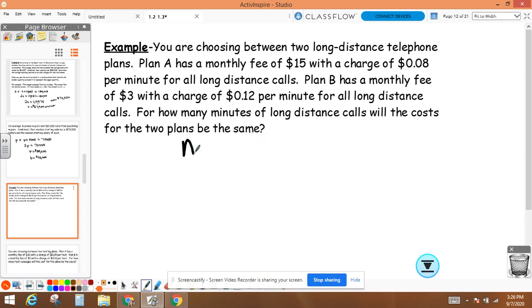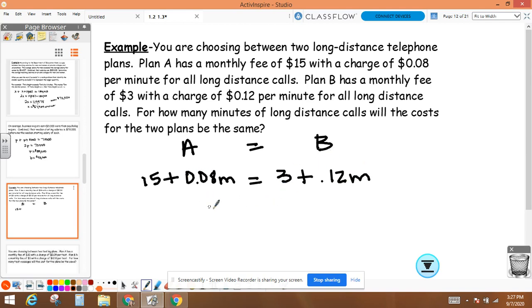So you're going to do Plan A equal Plan B. So Plan A charges you $15 and then 8 cents a minute. And then plan B is $3, but they're going to charge you 12 cents a minute.